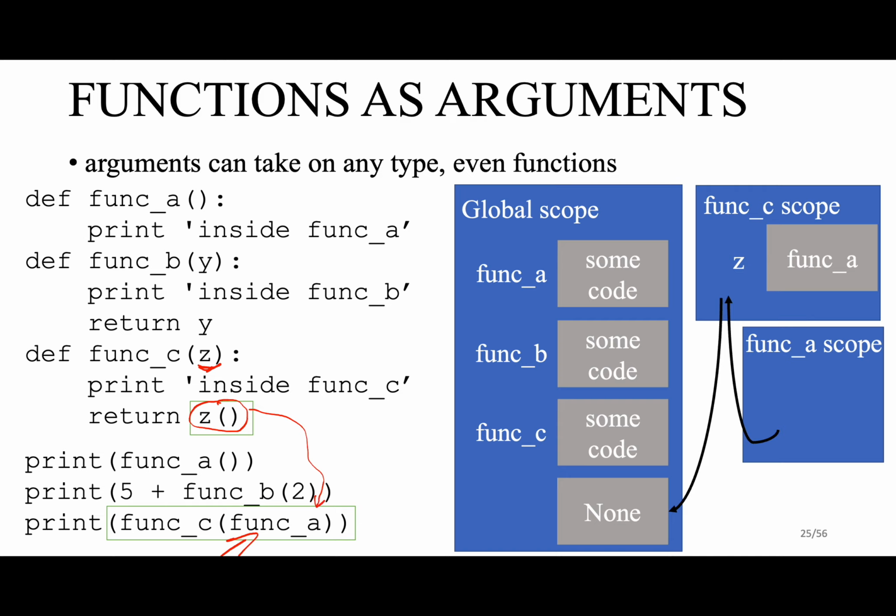So it will create a scope of function c, and because in function c you try to call function a, it will execute function a: create a function a scope, execute function a, return to function c, and then return to the global scope here. Okay, you see that? And after they finish everything, they will destroy the memory for function c scope and also function a scope.